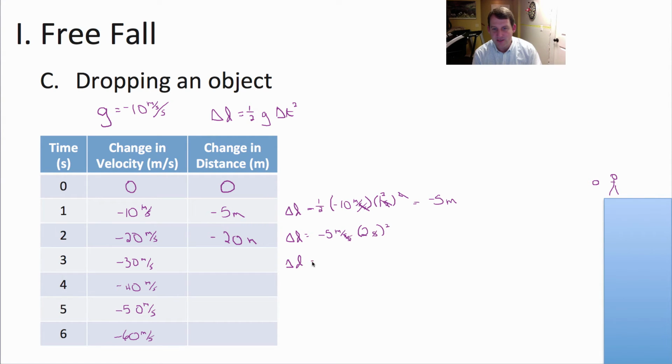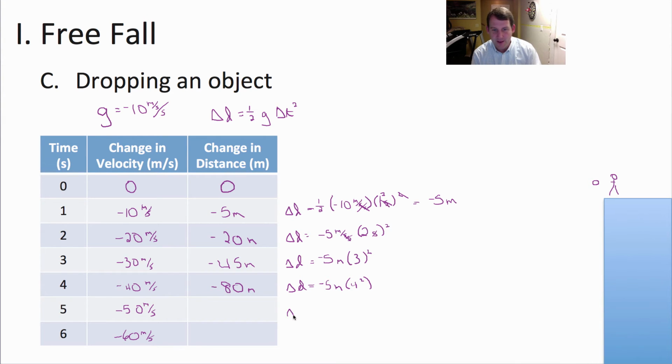So our change in distance here is negative 5. And we know those seconds are going to cancel. I'm going to cancel them right away. Times 3 squared. 3 squared is 9 times this is negative 45. And we continue this process, filling in all of them. 4 squared is 16 times, or sorry, times 5 is negative 80 meters.